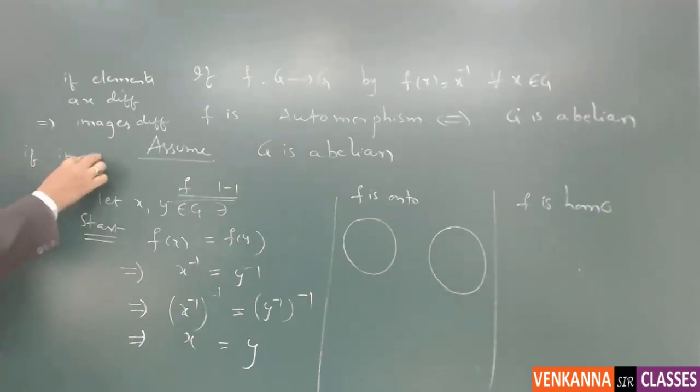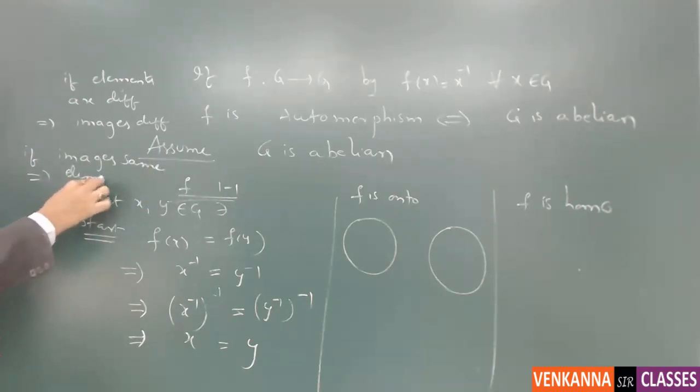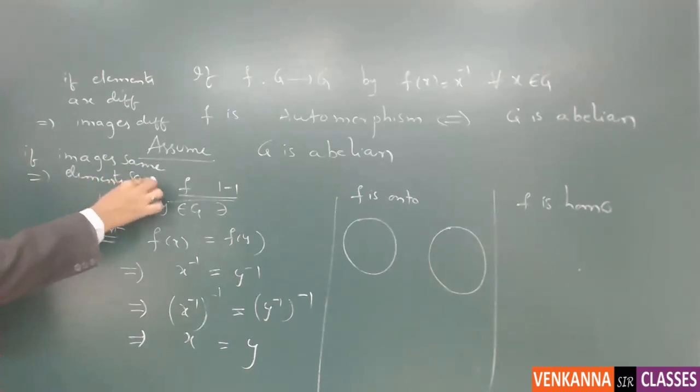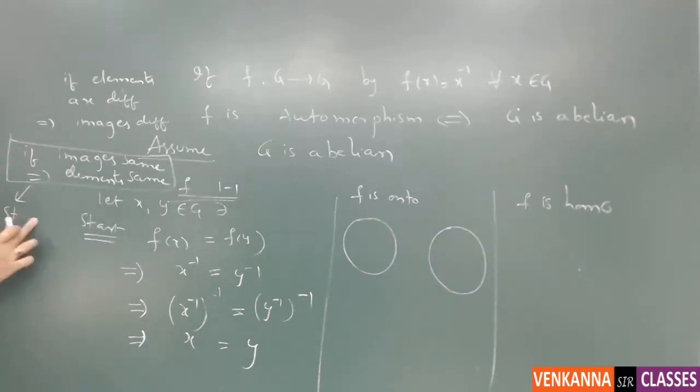If images are the same, then elements are the same. Right? So this is the strategy while proving f is 1-1. Clear to all?